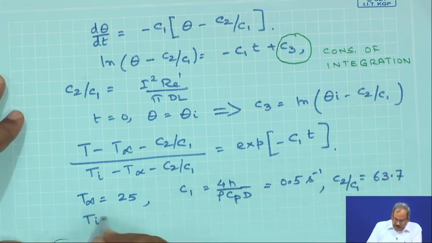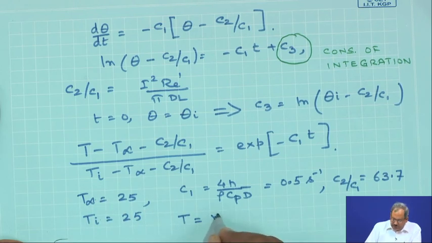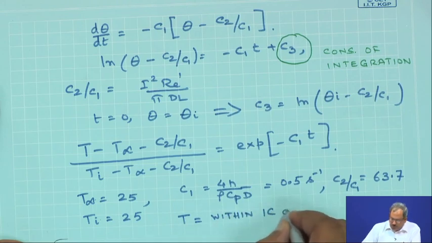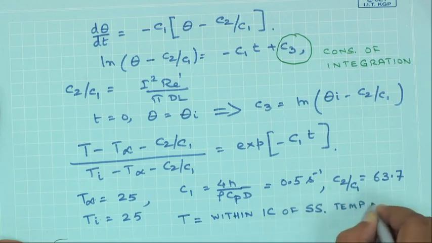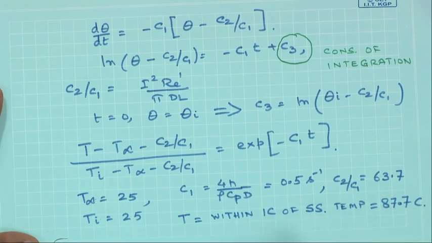Your T I, the initial temperature when there is no current flowing through the wire, must also be equal to T infinity. So, T I is T infinity, and T is within 1 centigrade of the steady state temperature. So, this must be equal to 87.7 degree centigrade. When you put all these values in there, what you should get as the time required is 8.31 seconds.